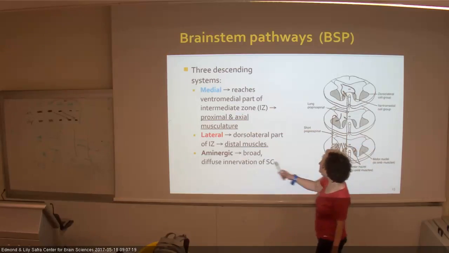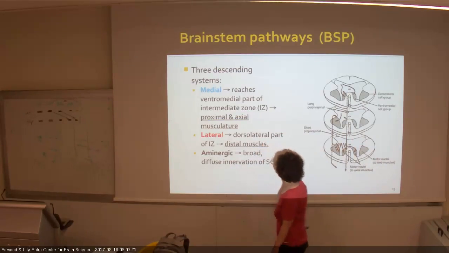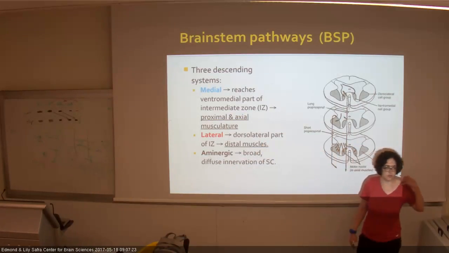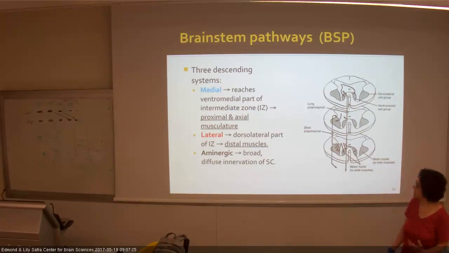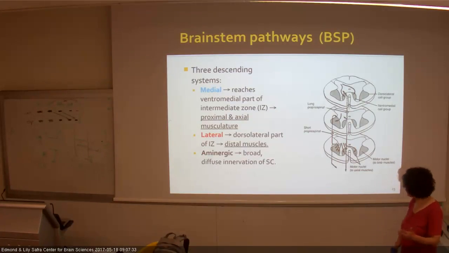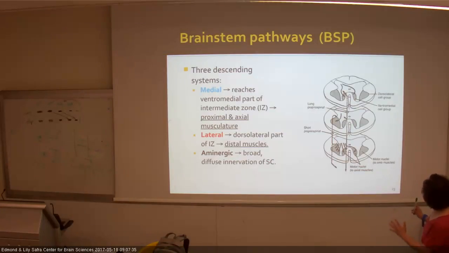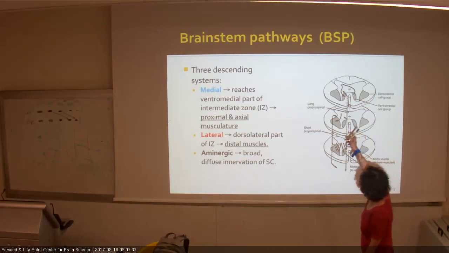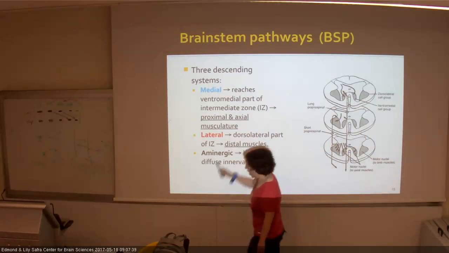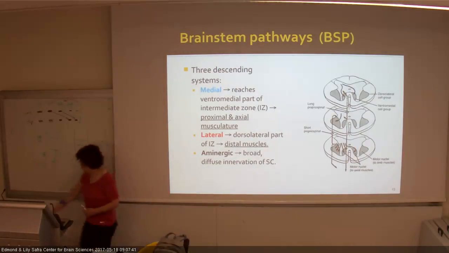And there is a third system, which we call the aminergic system, which provides very broad and diffuse innervation of the spinal cord with neuromodulators, serotonin, noradrenaline, and so on. So from the brainstem, we are talking about medial, lateral, and aminergic systems.